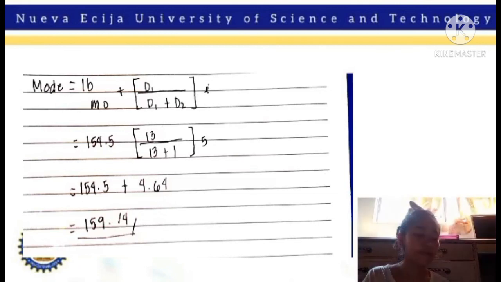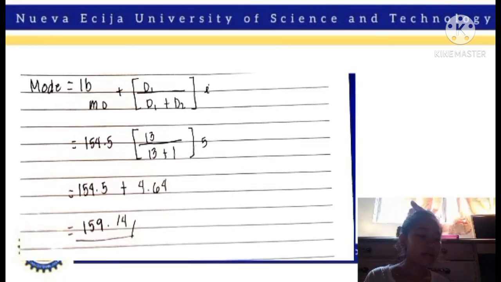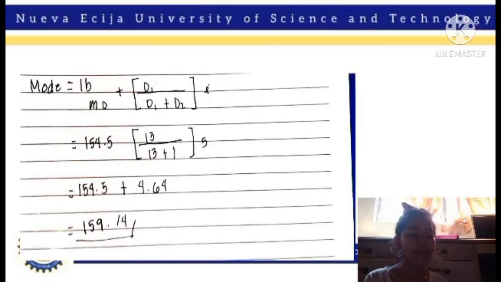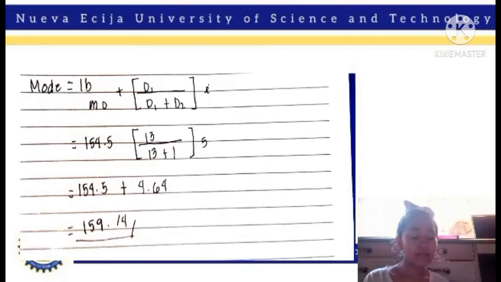Now we have the formula. 154.5 plus 13 over 13 plus 1 times 5. So the 13 we will bring it down, and 13 plus 1 is 14. 13 divided by 14 times 5 is 4.64.